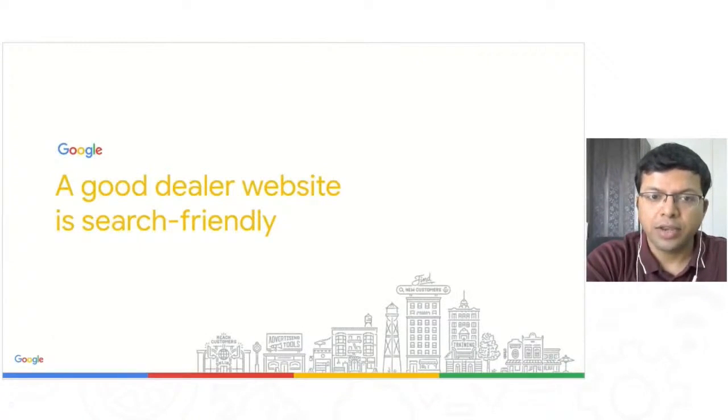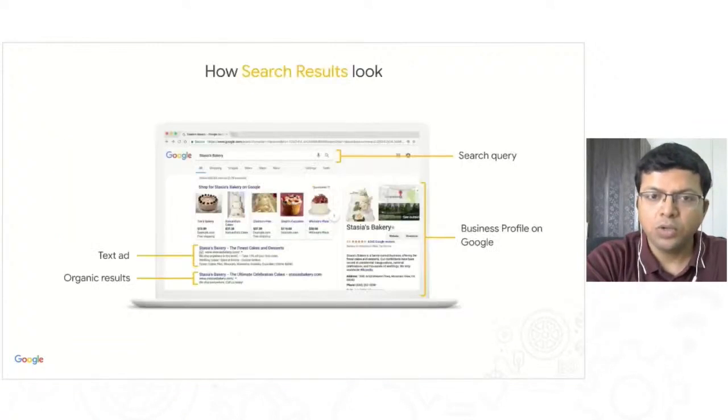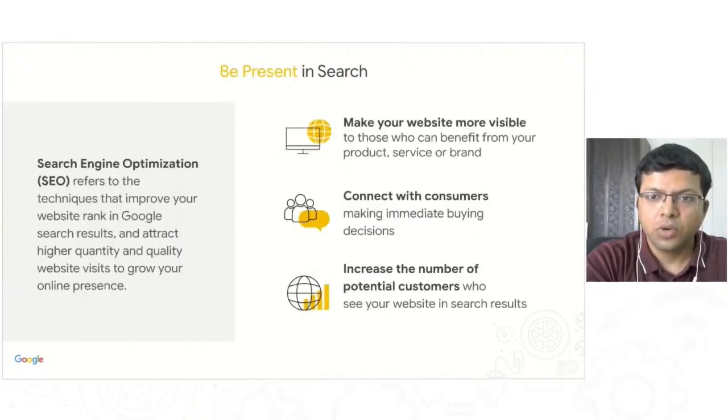Now, moving on to the last attribute: a good dealer website is search friendly. This is what search looks like. At the top you have the search query, then you have the GMB on the right, and on the left you have text ads and the organic results. So what exactly is SEO?